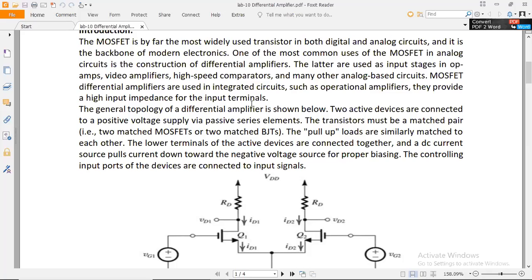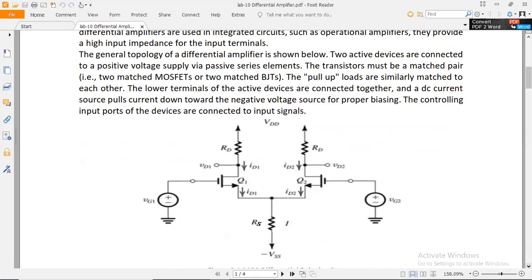Can anyone tell me why the input impedance of an op-amp is high and the output impedance of an op-amp is low? Can anyone tell me this question?